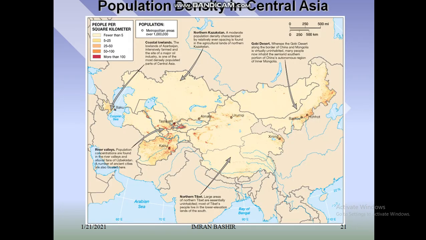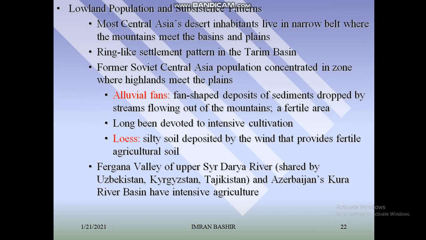Population density in Central Asia. Lowland population and subsistence pattern. Most Central Asian desert inhabitants live in a narrow belt where the mountains meet the basin and plain.